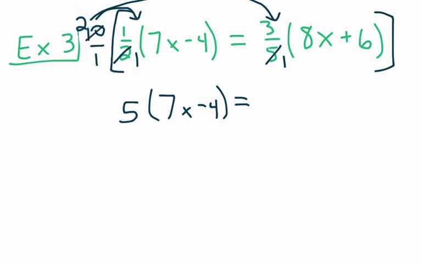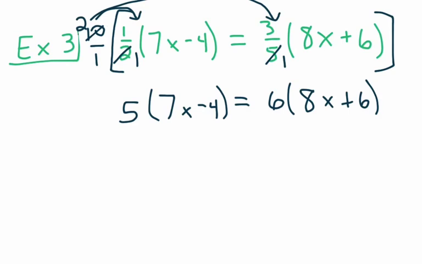So now I'm going to take my 2 and my 3 and multiply those together. 2 times 3 gives me 6. Then I just copy down the rest of the equation. Okay? So that's all I'm doing in getting rid of my fractions: I'm multiplying both sides by the least common multiple, just like what we did back in 7.2.